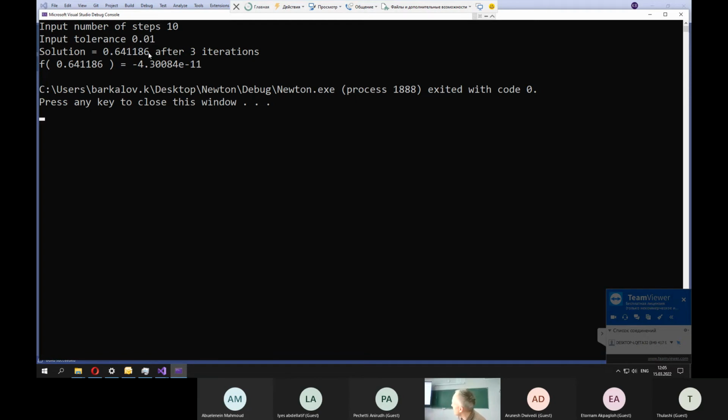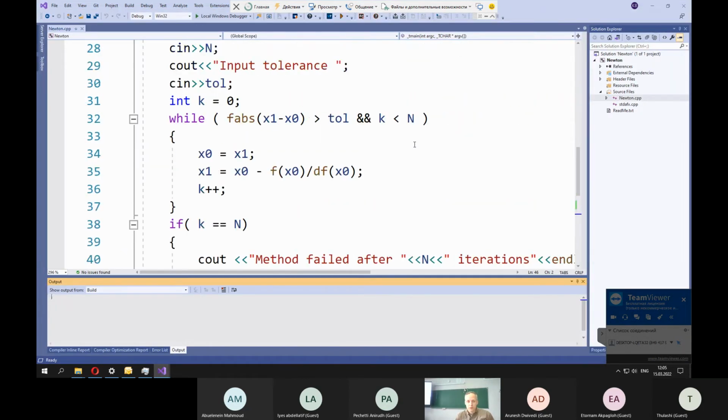It is very close to the real solution. So you see that this method is very powerful, it's very good. But we need to take a good initial point, a good initial guess, x0. Well, let's come back to the presentation.